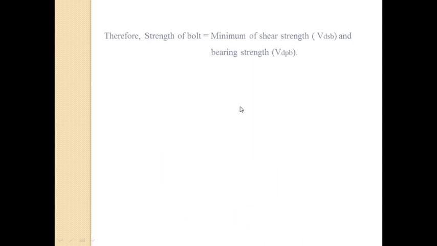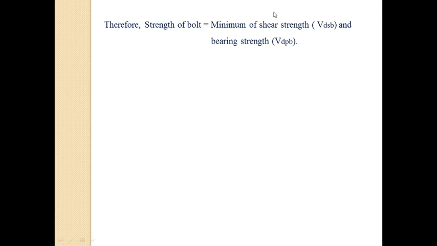So the bolt value, or strength of bolt, is the lesser value of shear strength and bearing strength, that is the lesser of VDSB and VDPB. So the bolt value is 45.26, that is for single shear.